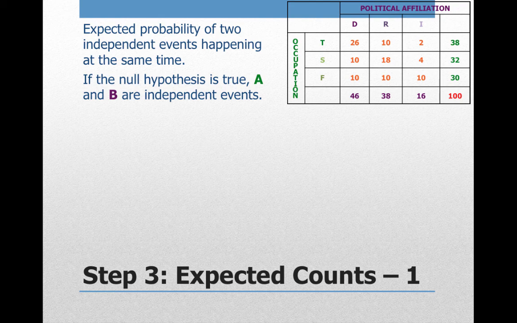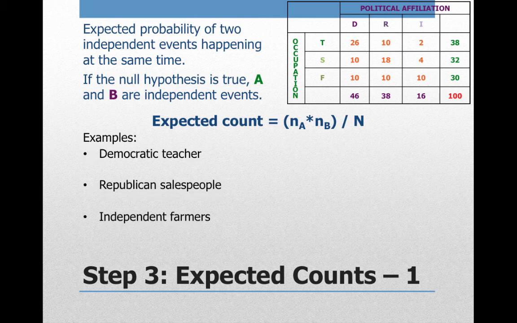And so this equation of our expected counts is simply n of A, so the number of people that we have for one event happening, times the number of people that you have for event B happening, divided by your total sample size. So let's start with 3 examples here. Let's work through the first one together.